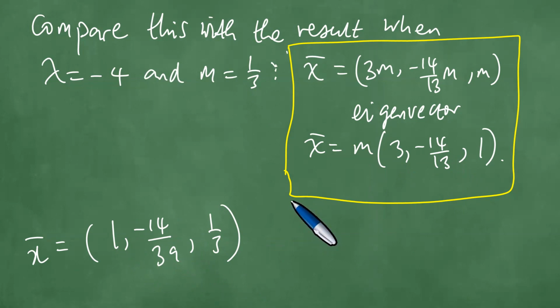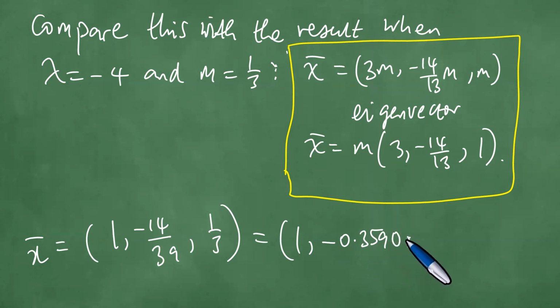Just observe that. You observe that this is 1, minus 0.3590, 0.3333, like this.